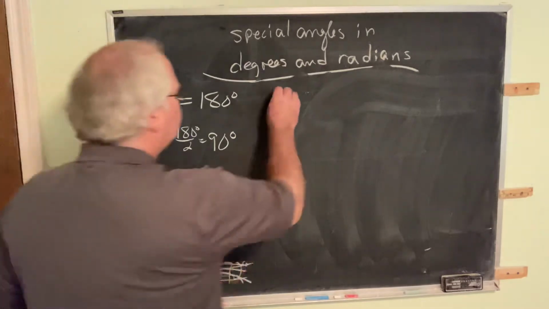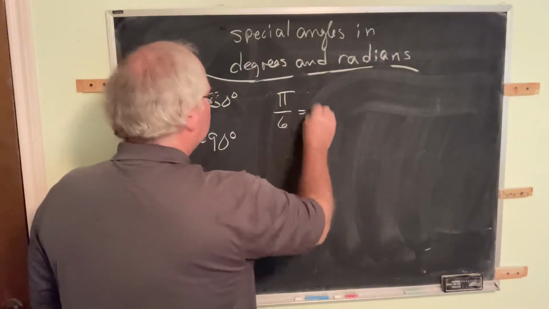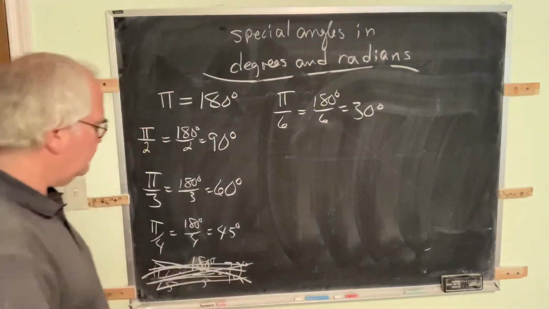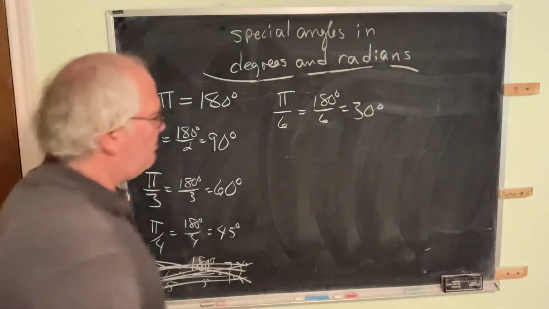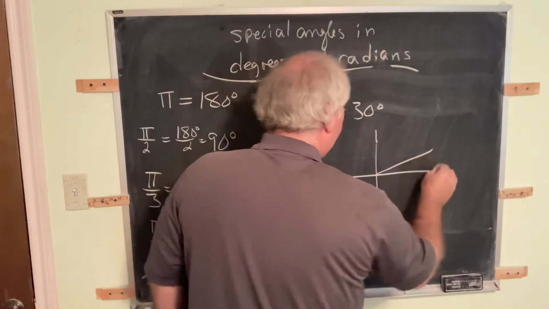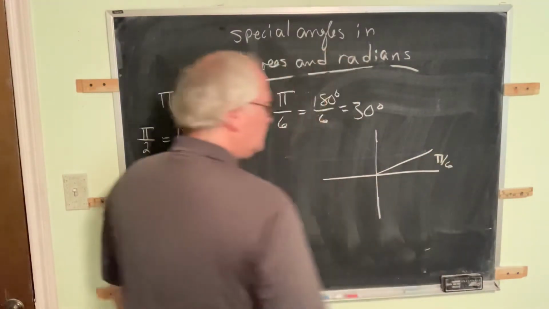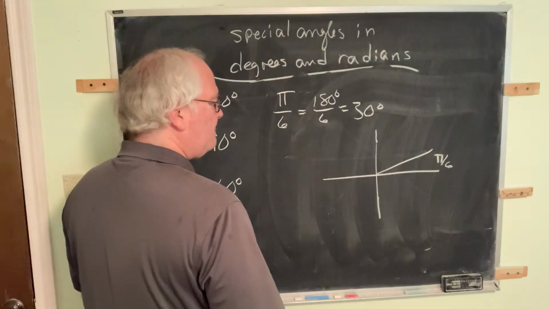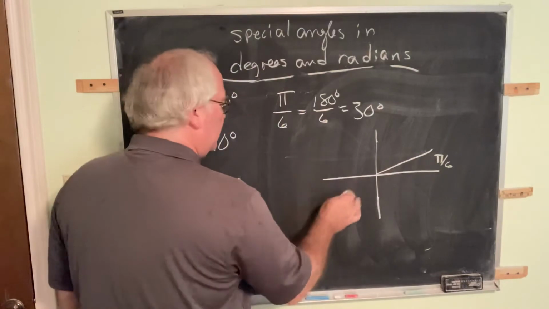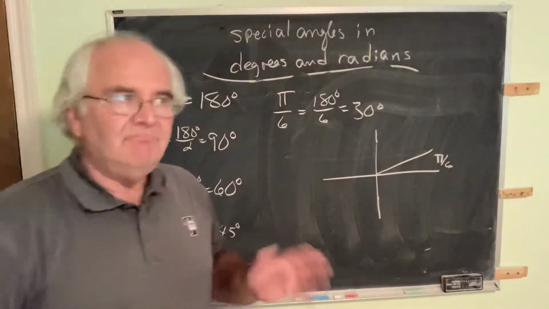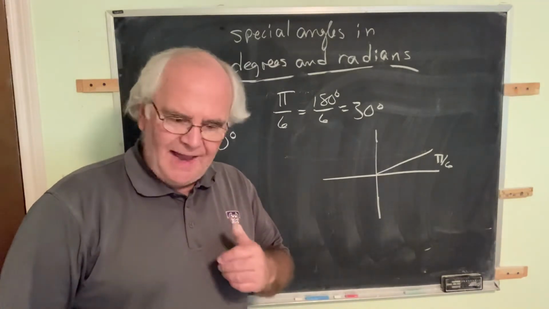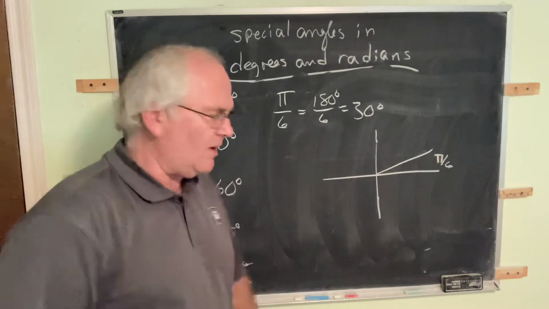Next one in line is a big one, because that's 30 degrees. And so pi over 6, this takes a little getting used to. There's pi over 6 in quadrant 1. Now, when you take pi over 6 and put it in the other quadrants as a reference angle, I think the simplest thing to do is just bite the bullet, hang in there, do the arithmetic. All right?